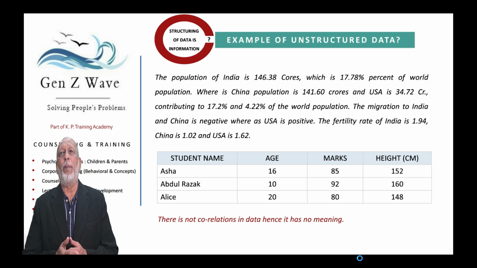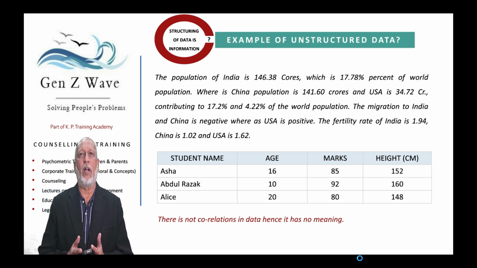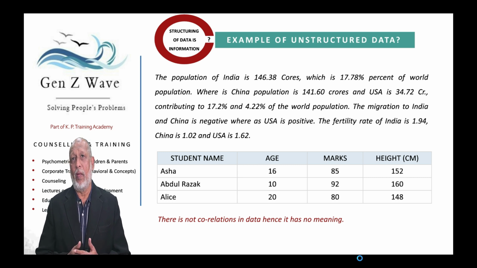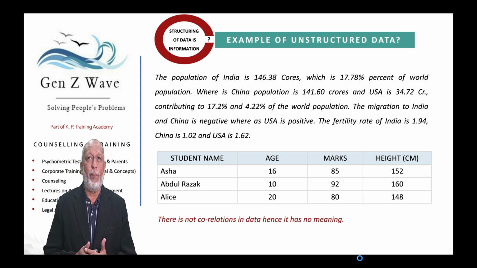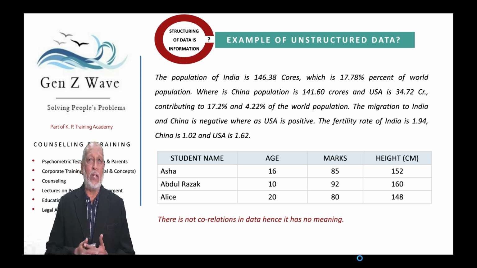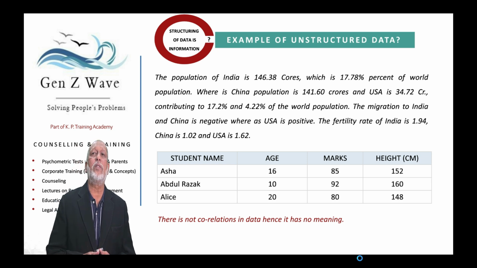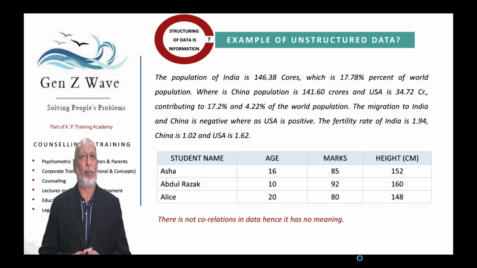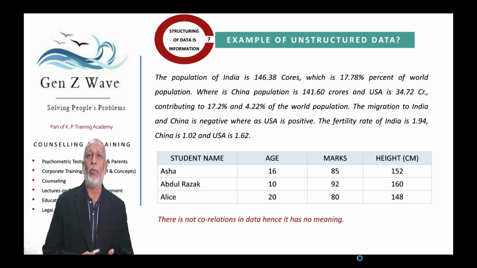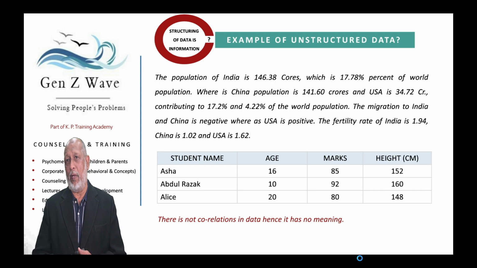Let me give you an example of unstructured data. The population of India is 146 crores, which contributes to 17.78% of the world population, whereas the Chinese population is approximately 141 crores, and the US is 34 crores. They contribute 17.2% and 4.22% of the world population.